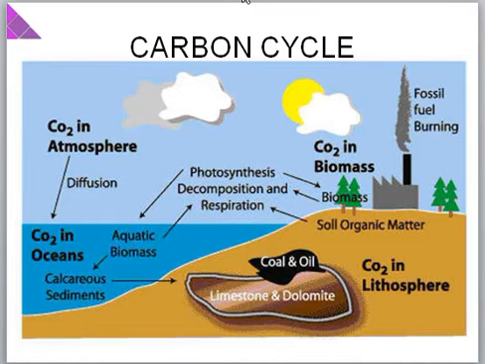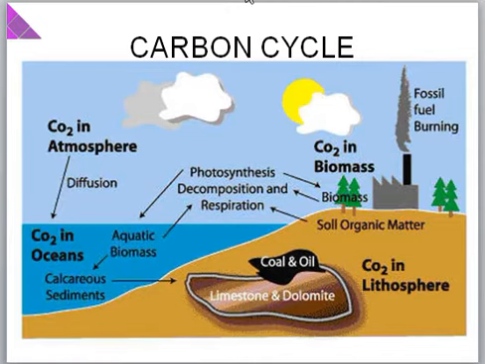Carbon is also present in oceans and fresh water by means of dissolved carbon dioxide, as what you can observe in this figure. Carbon is also present in rocks, such as limestones, in the form of calcium carbonate. The chemical symbol of calcium carbonate is CaCO3.